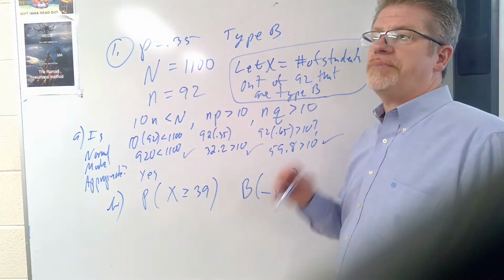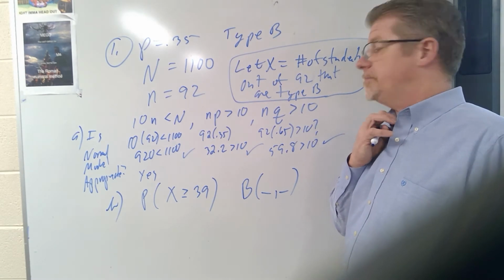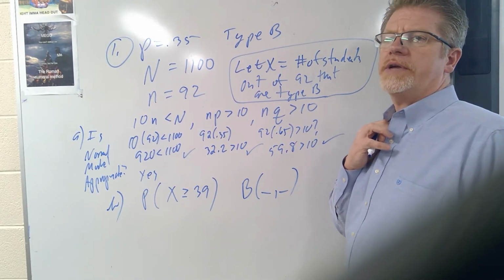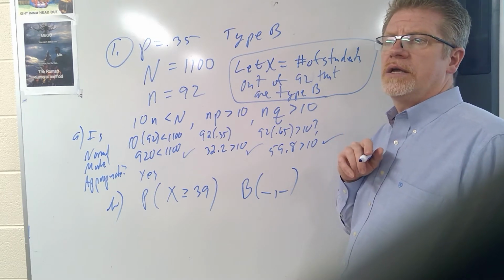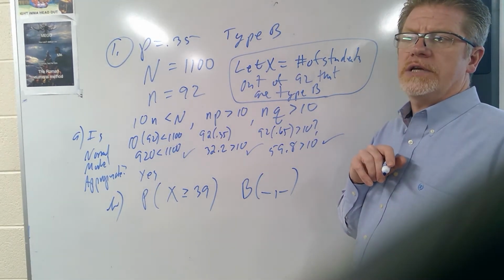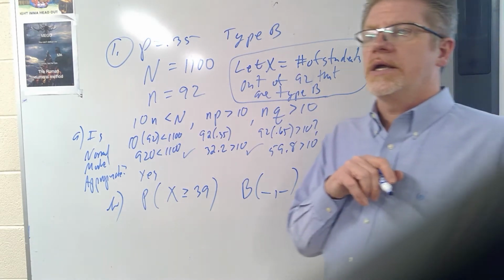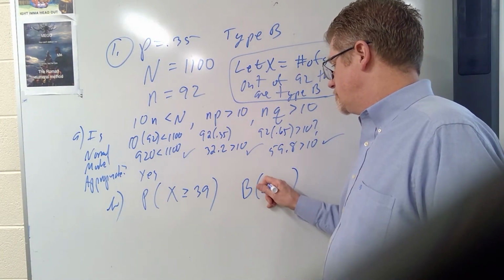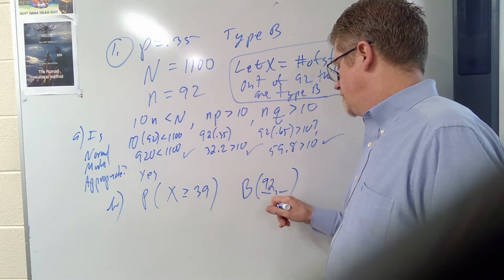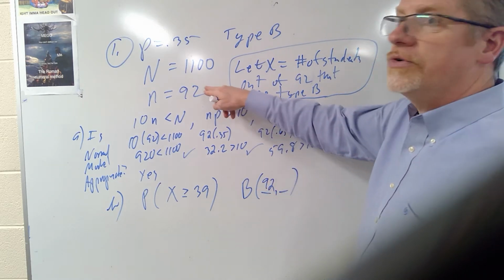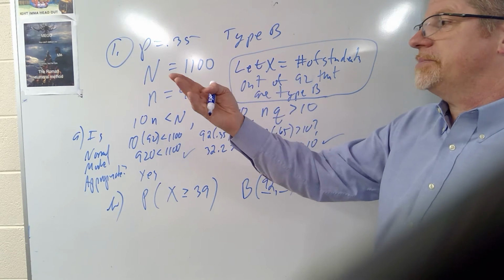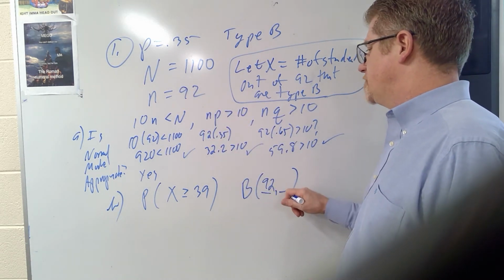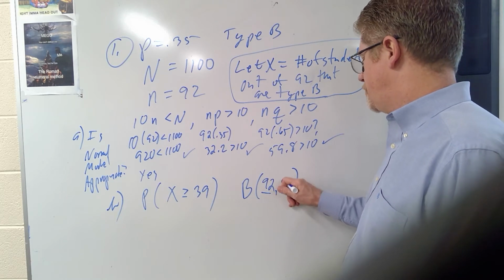That's not B for type B, that's B for binomial model. Okay, it has to be 92, because there's 92, that's the most we could possibly get, and the probability of success is 0.35.